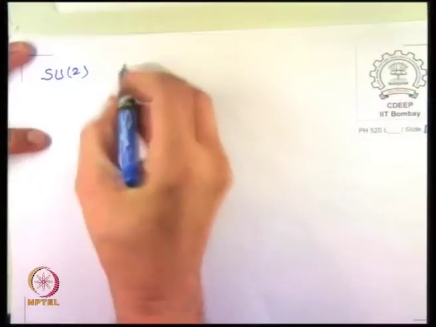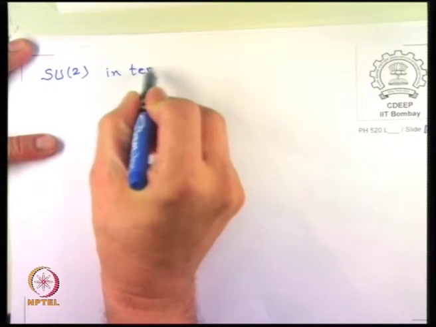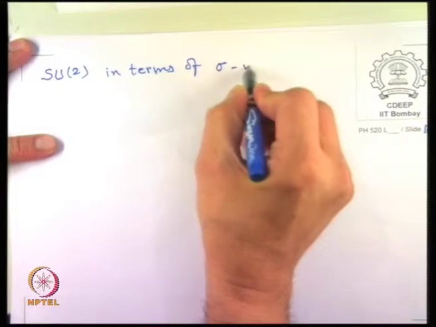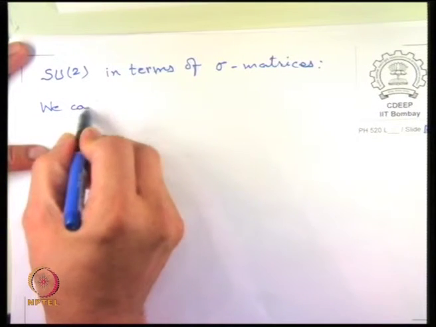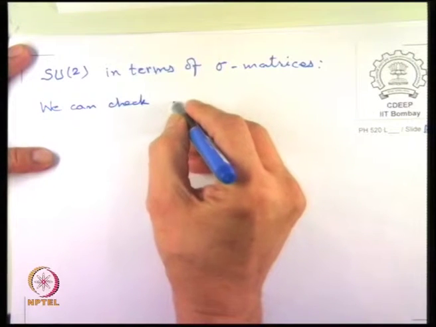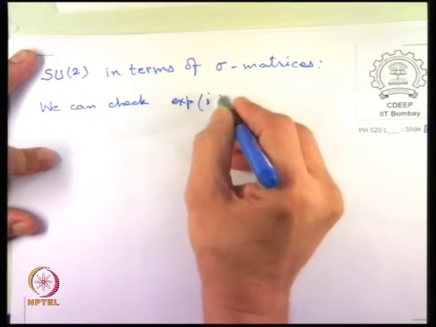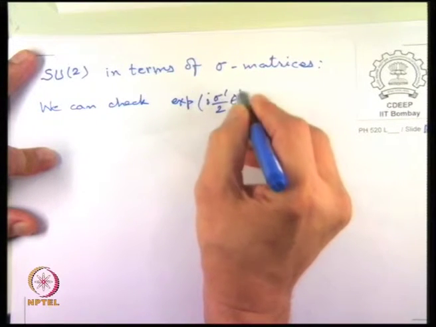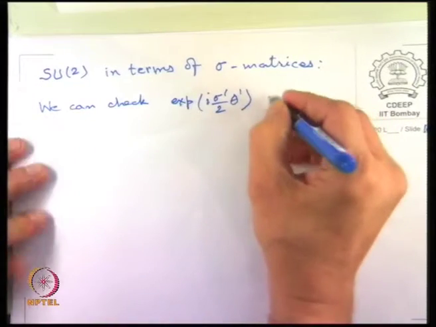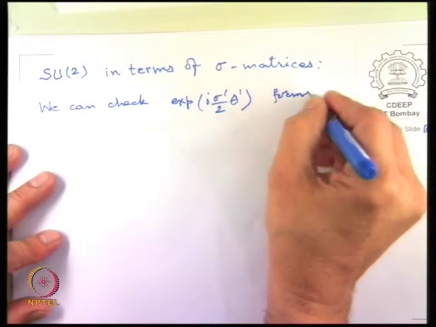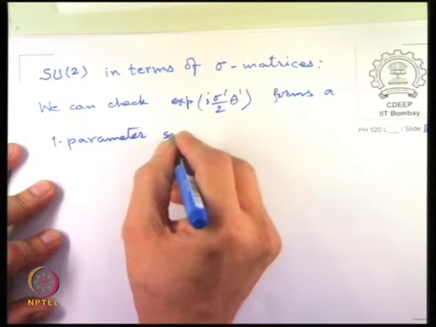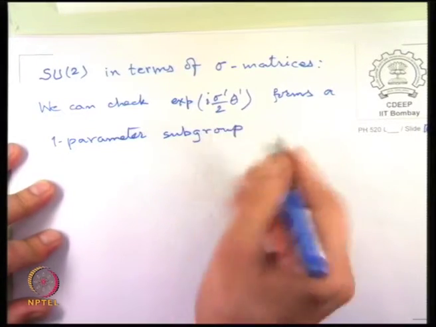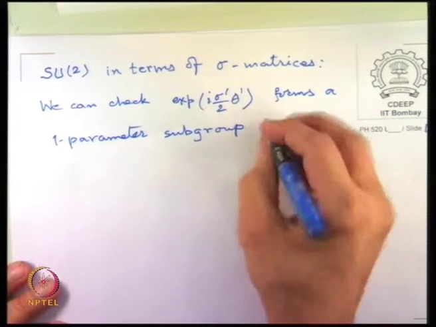Now, the interesting part of this is that we can check exponent I times sigma 1 by 2 times theta 1 forms a subgroup, with theta 1 as parameter.